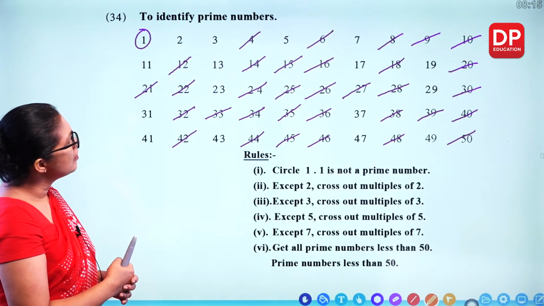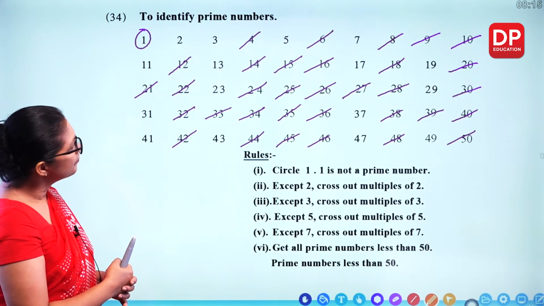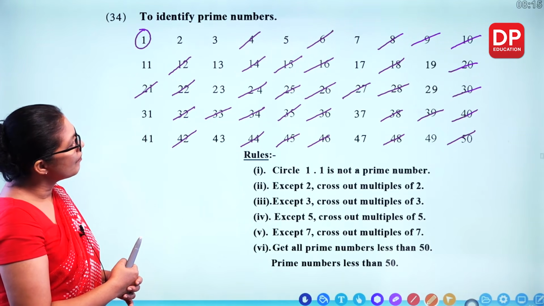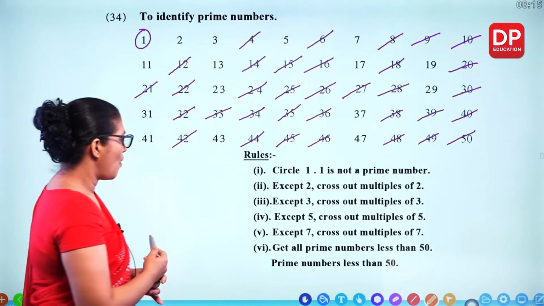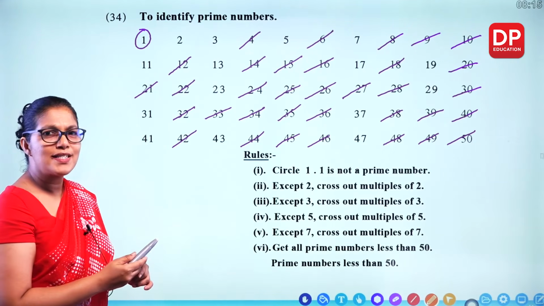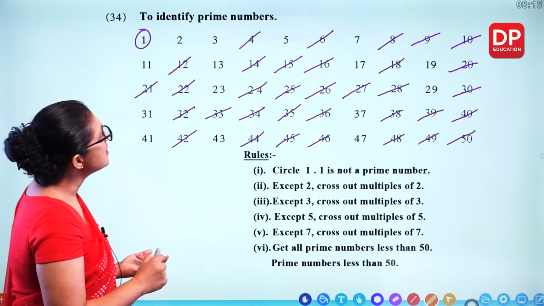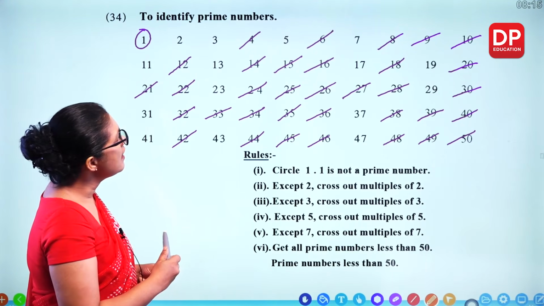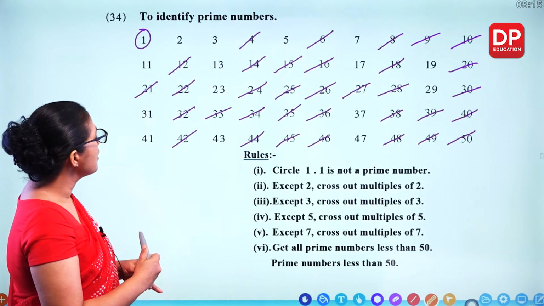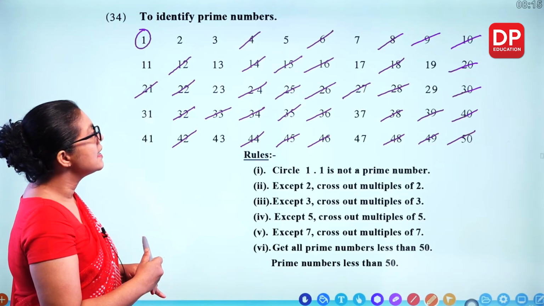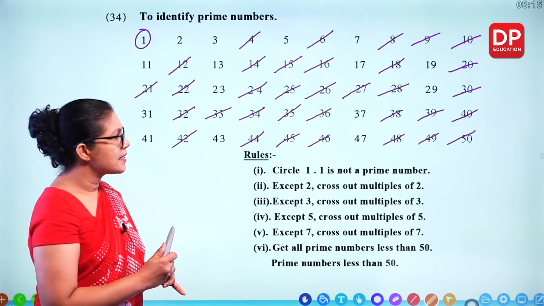Then you get all the others crossed out. 7 times 7, 49. Now, what are the other numbers? 2, 3, 5, 7, 11, 13, 17, 19, 23, 29, 31, 37, 41, 43, 47. All these are prime numbers.